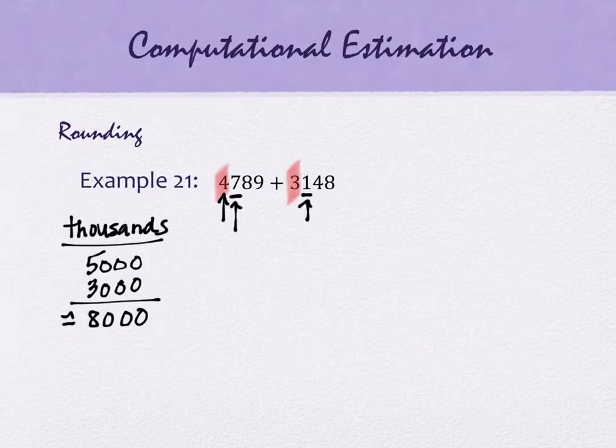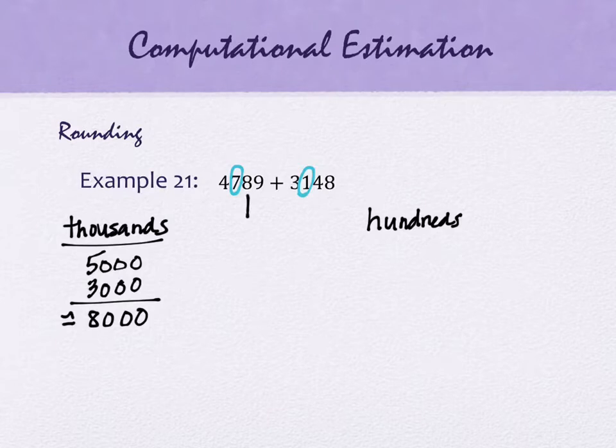But let's say maybe that we were supposed to round to the nearest hundreds. In this case, we're going to use our 7 and our 1 as our reference point. So it's either going to stay 4,700 or it's going to go up to 4,800. And again, we determine it by the number after that place value. Because it's an 8, it's going to round up.